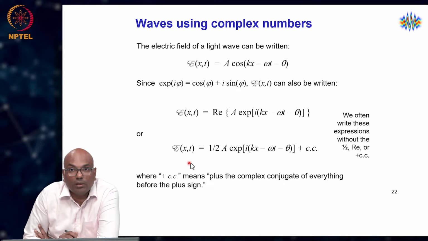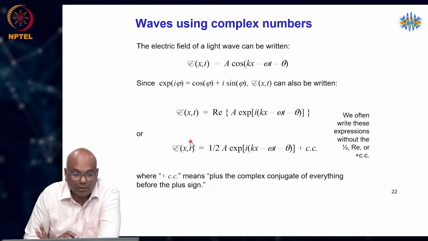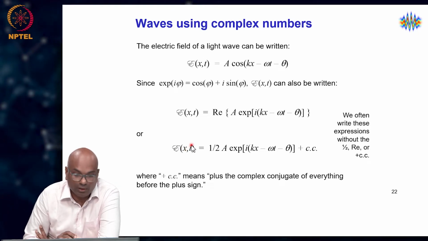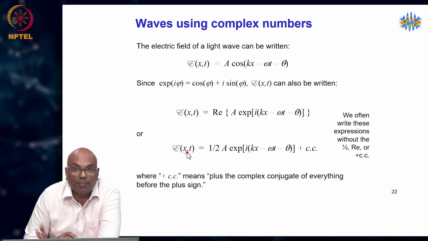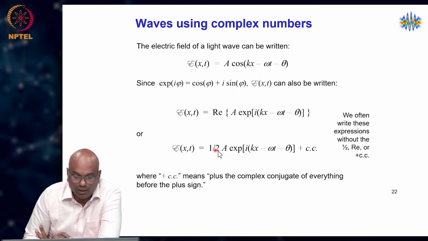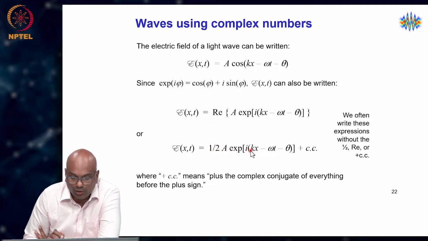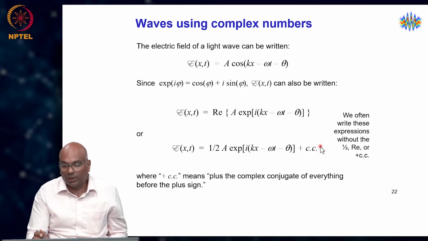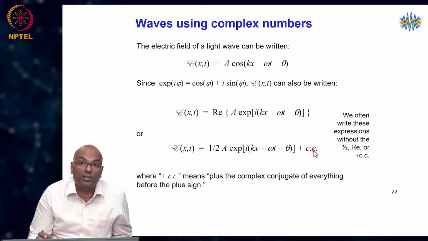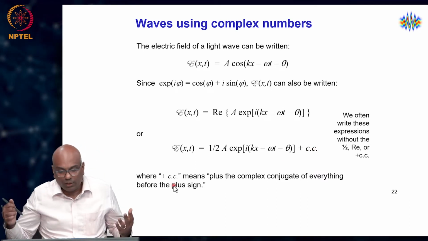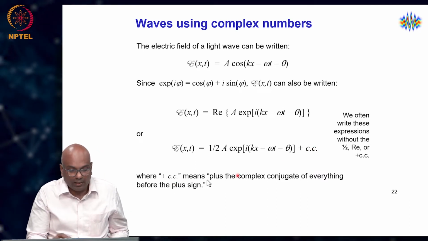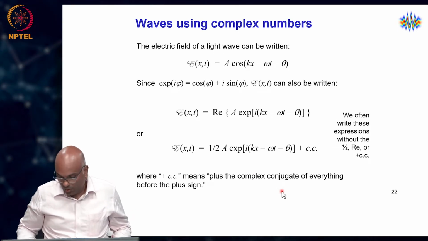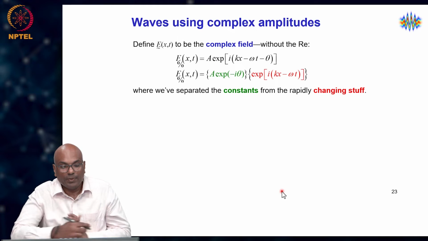So the most popular way of writing the whole thing down, that is in this case the one dimensional description of the electric field E of x,t, is a half A exponent of i kx minus omega t minus theta plus the complex conjugate, written with the abbreviation cc. So let us get used to this and etch this in our minds, as we are going to use this quite a lot in this course to follow, right?